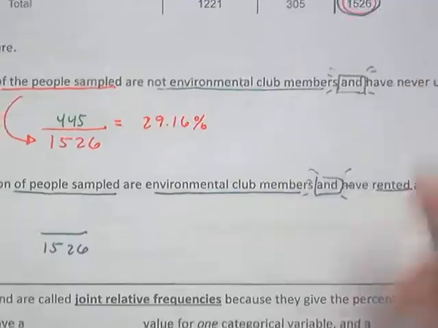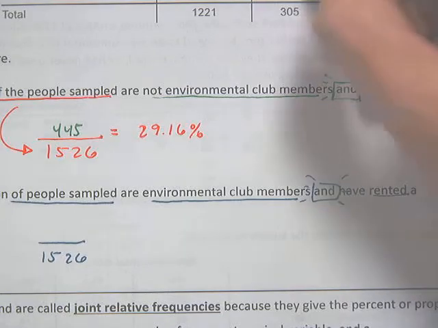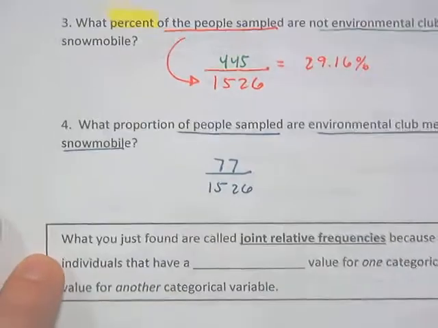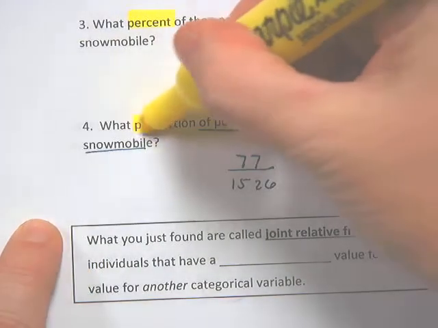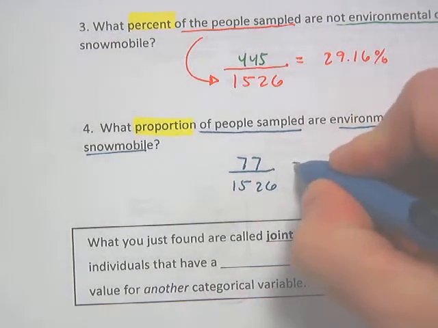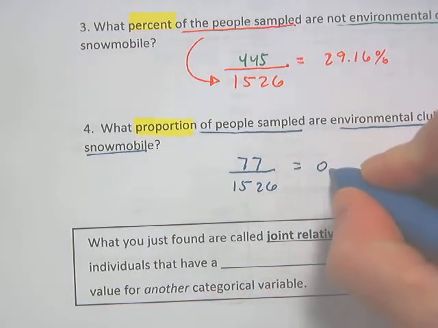So they're in the yes column, and we go to rent. So that's 77 people. It asks for a proportion, so if you'll just do 77 divided by 1,526, your calculator gives you the proportion. Round to the nearest hundredth.